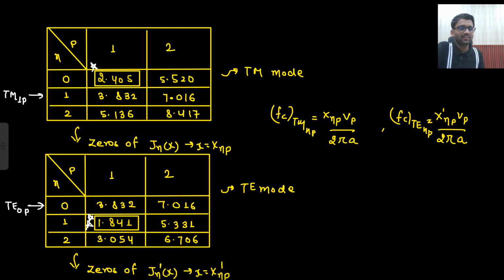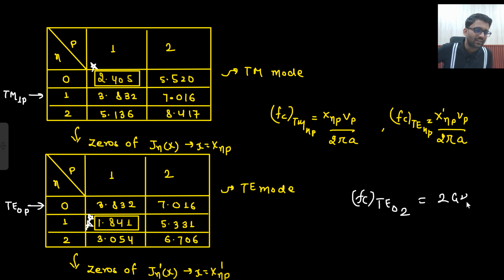So what do you understand by this? That the cutoff frequency will be the same for TM1P mode and TE0P mode. That means if someone says the cutoff frequency for TE02 mode is, let's just say, 2 GHz, then if they ask FC for TM12 mode, what would that be?